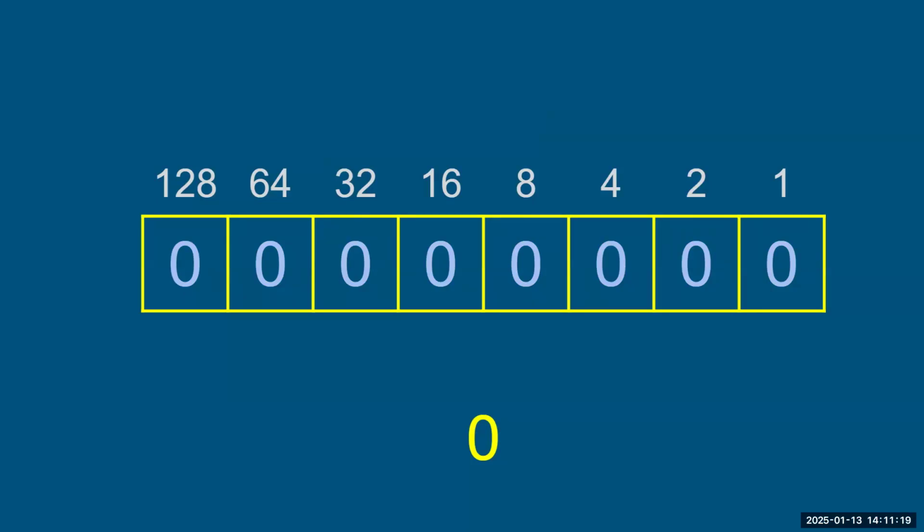So, for example, the value 0 looks like this, right? Each bit is 0, so the entire byte means it's 0. What does 1 look like? This is what 1 looks like in random access memory. The 1 in the 1 box is a 1. What does 2 look like? 2. How about that? What do you think 3 looks like?